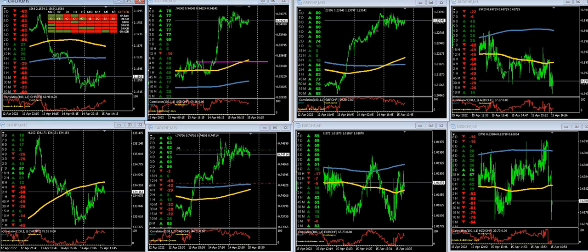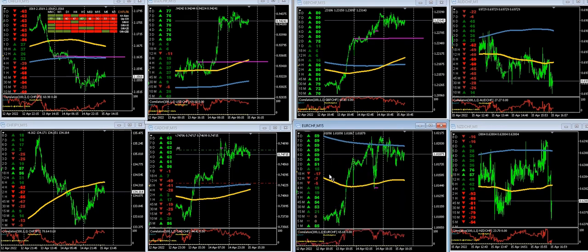Which gives us our Euro USD long trade. Pound Swiss has still got to come back, or has it? Okay, it's come back there, but not really enough. So that'll come back down. Pull back to there. Euro Swiss is validating that level.